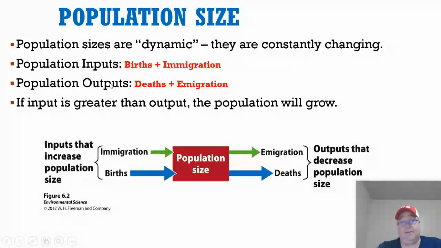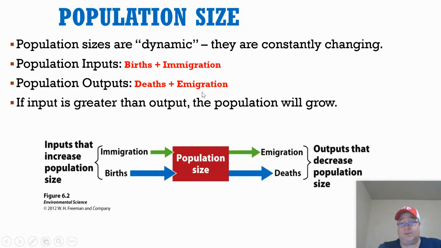And just the opposite, there's population outputs, right? So, let's say in 1 year of time, maybe some of those elephants die. So if you have two elephants that are born and two that die, then there really is no change in population size, right? And the same thing too with emigration.